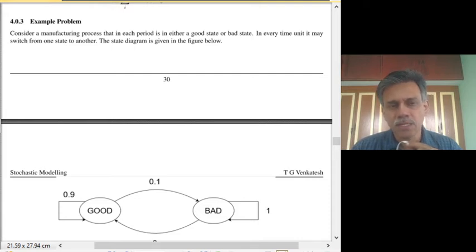So we mentioned that this will form the workhorse for solving the HMM models. We will see how that happens.